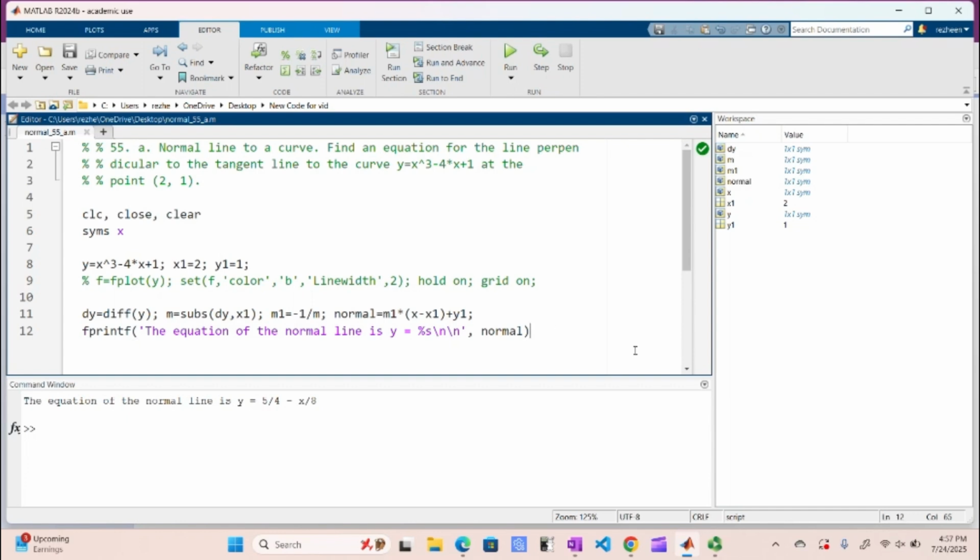Now let's graph all of them together. We've already graphed the curve, so let's uncomment that.